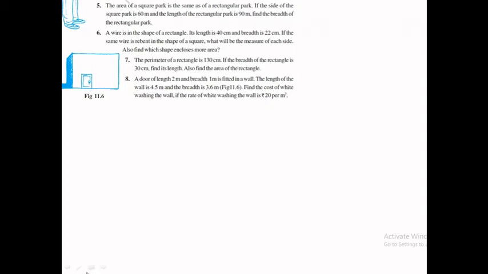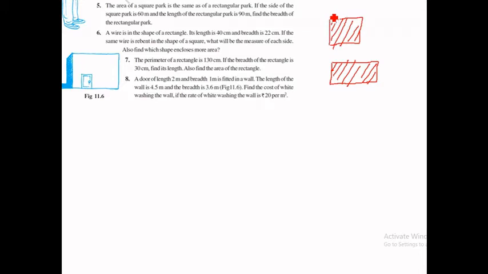So the first thing it says is that if it is a square park and it's a rectangular park, now the area of this square park is equal to the area of this rectangular park.